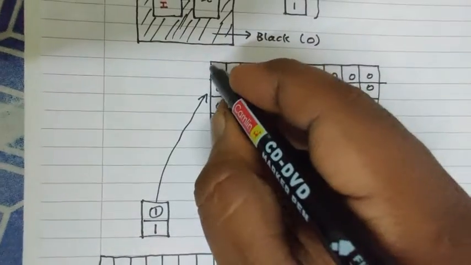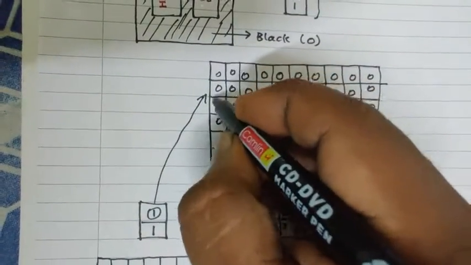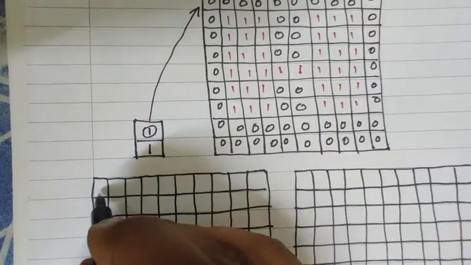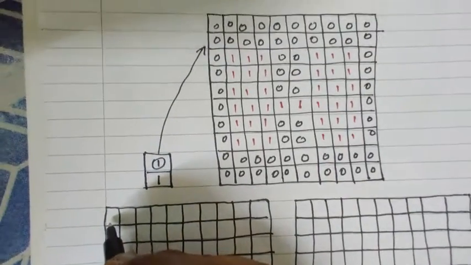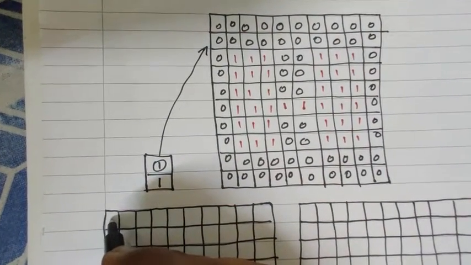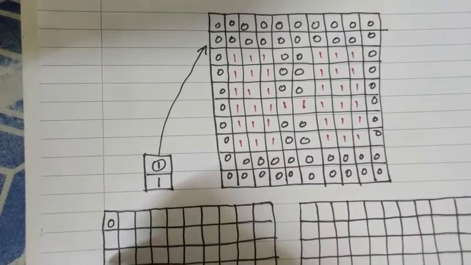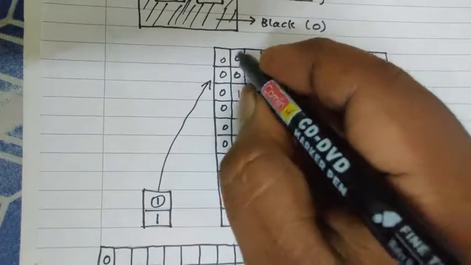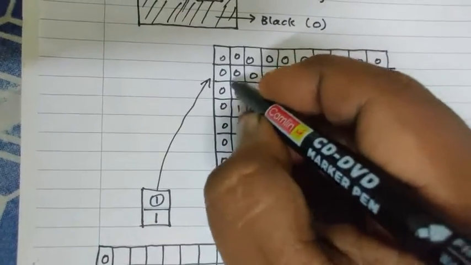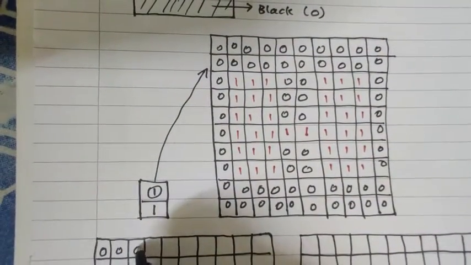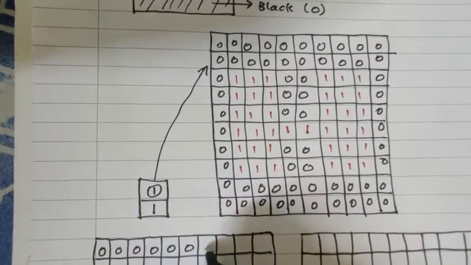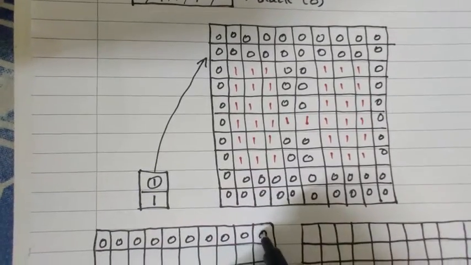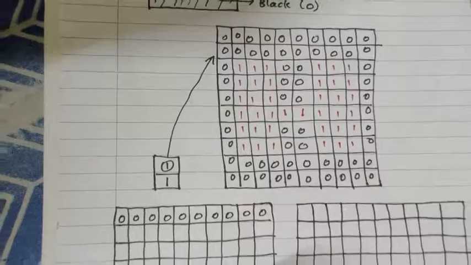If I place my structural element over here, none of the pixels are matching, and for erosion it is most important that both the pixels should match. So in place of my seed pixel, I'll be placing a 0. Next, when I put my structural element on this location, again it will result in 0, and hence the entire row will transform into 0.